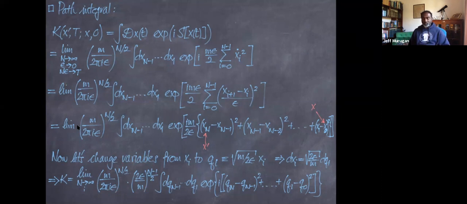The n over 2's cancel out. Similarly, there's an epsilon in the denominator, there's an epsilon in the numerator. There's n over 2 factors in the one, there's n minus 1 over 2 factors in the other one. And you can see where this is starting to shape up to is a square root that looks similar to what we got in the direct case. But we still have to actually do the integral. So what I'm going to do is systematically approach the integral, working from inside to go out, right?